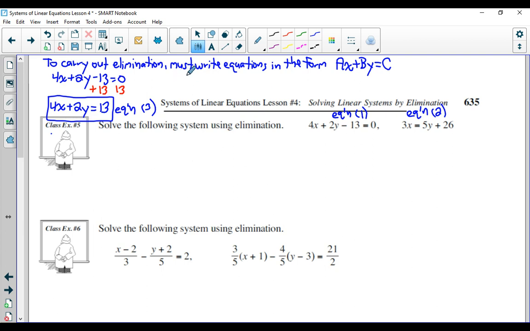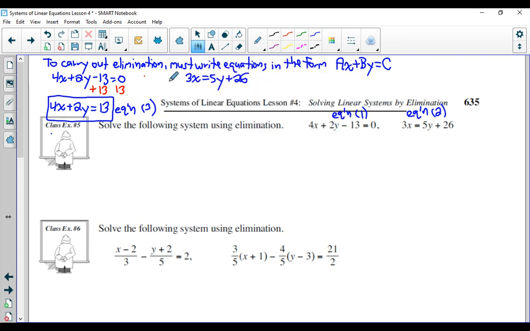Okay, next equation. We have 3x is equal to 5y plus 26. The issue with this equation is the y is on the wrong side, because I want the variable terms to be on the same side of the equation.